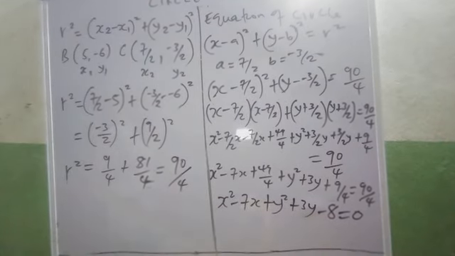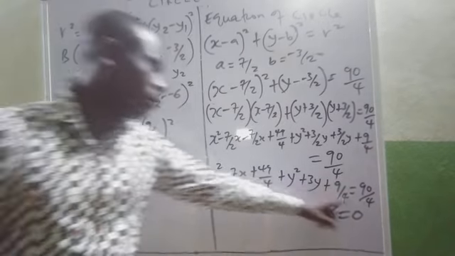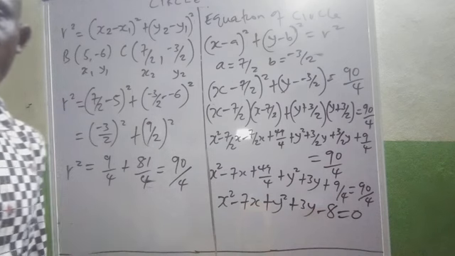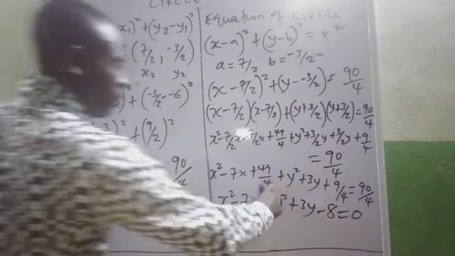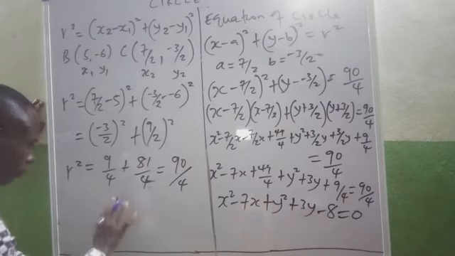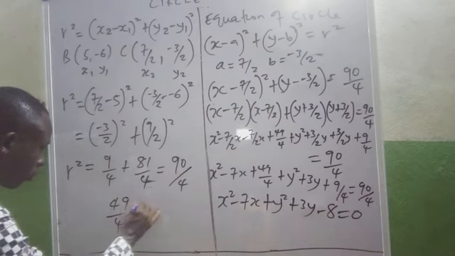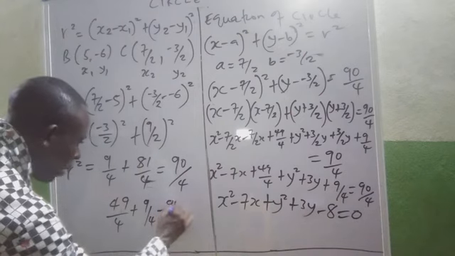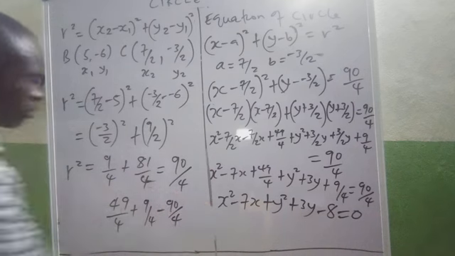So I want you to simplify this, please. Take this to the other side, bring this to here. Let me quickly show you what I did there. Now what happened in this place? You have 49 over 4 plus 9 over 4 minus 90 over 4. That's exactly how we get minus 8.